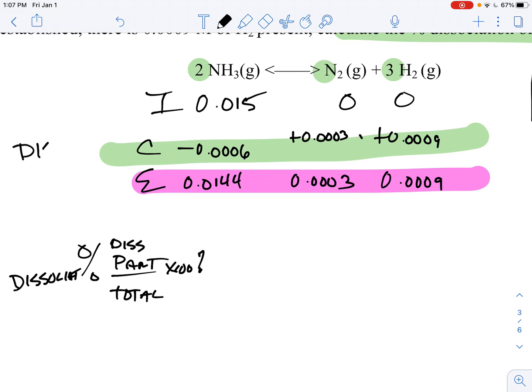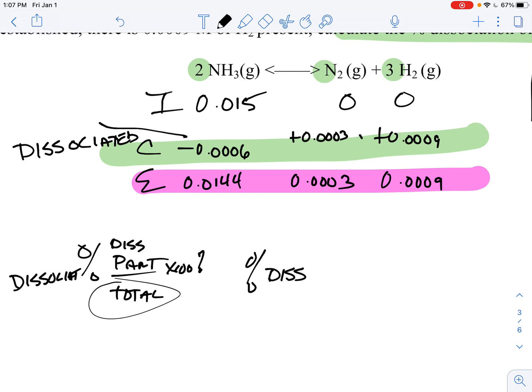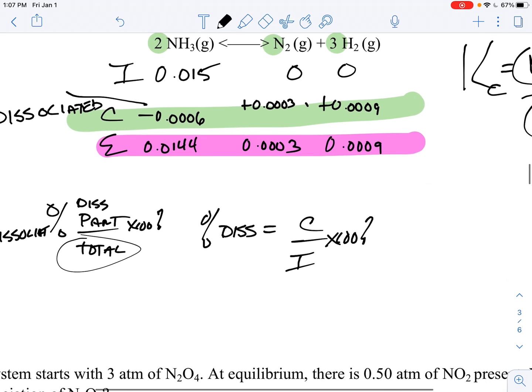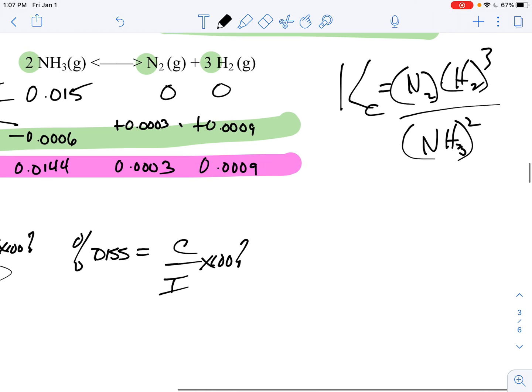Well, which of these numbers is the dissociated part? The dissociated part, remember, is the change. This is how it dissociated. And then the total is going to be where it started. So if it's going to ask you for the percent dissociation, what you're going to do is you're going to take the change and divide it by the initial, and that's going to give you the percent dissociation.